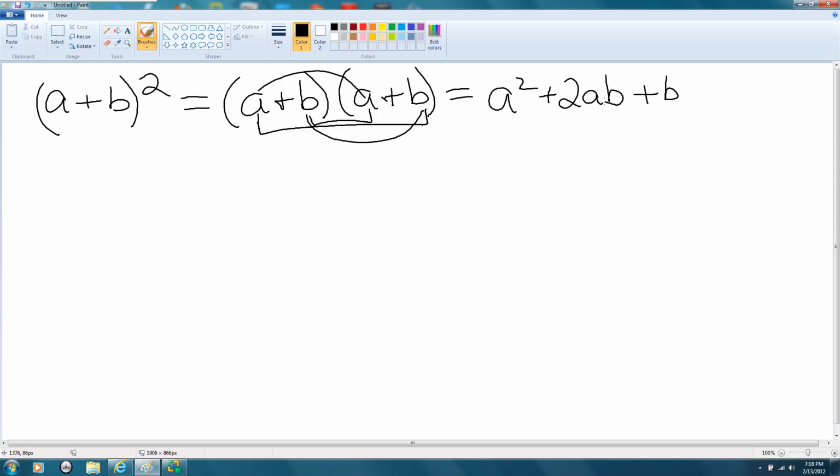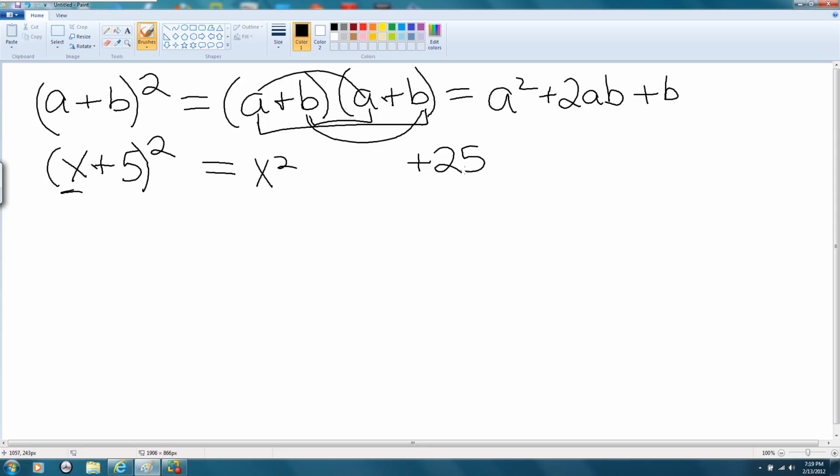Now, let's say we have something like x plus 5 squared. We can multiply that out, but we know it's going to have the same look to it. Here the a term is the x term, so we're going to have x squared. The b term is like the 5, so we're going to have 5 squared, or 25.